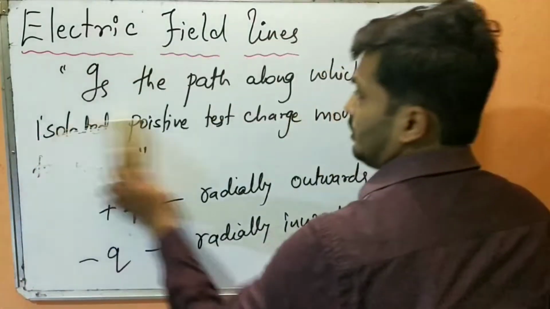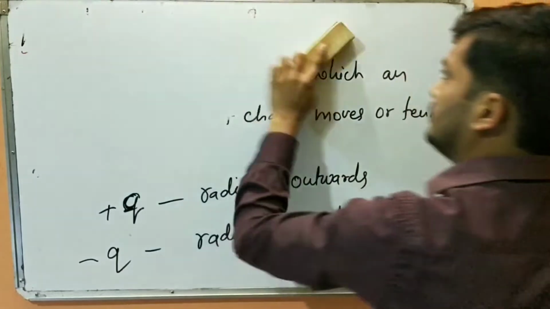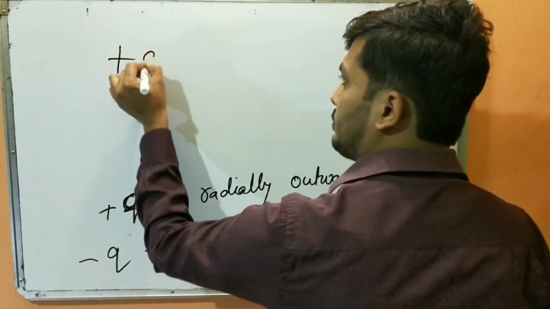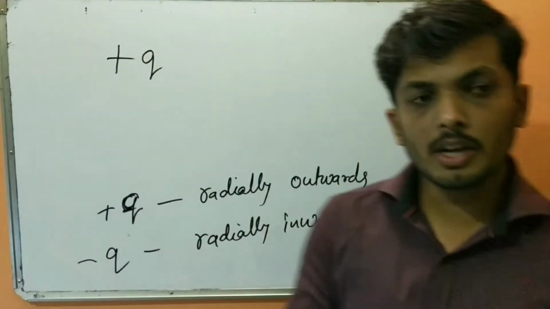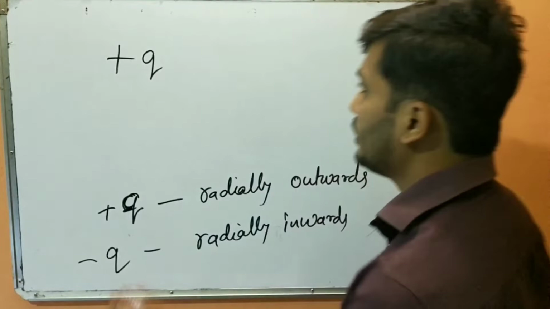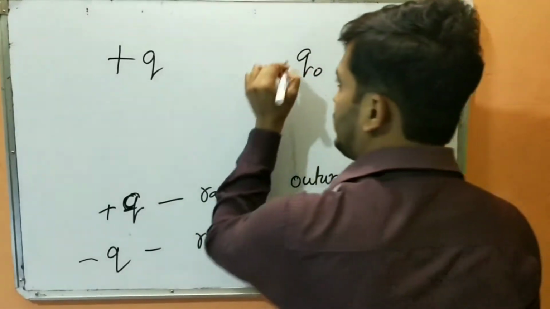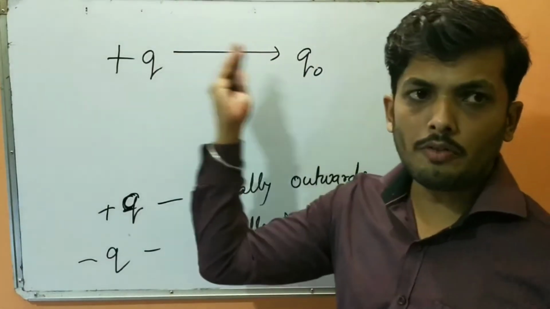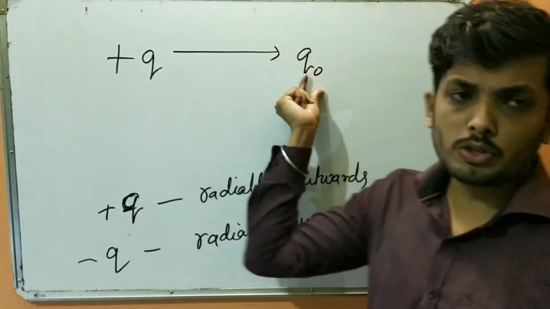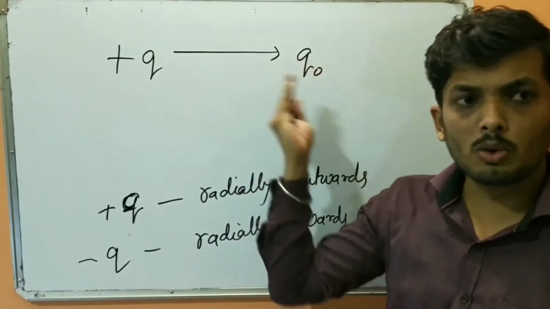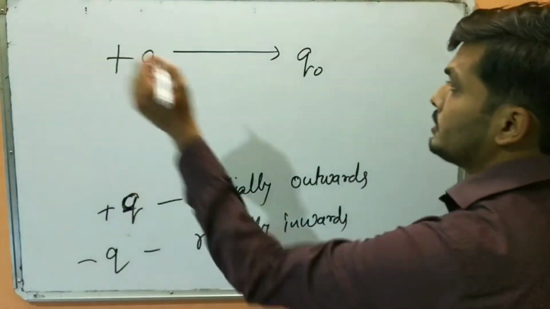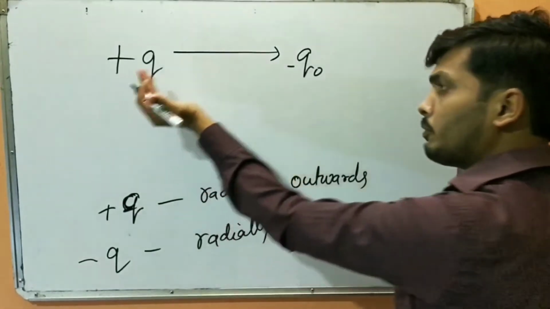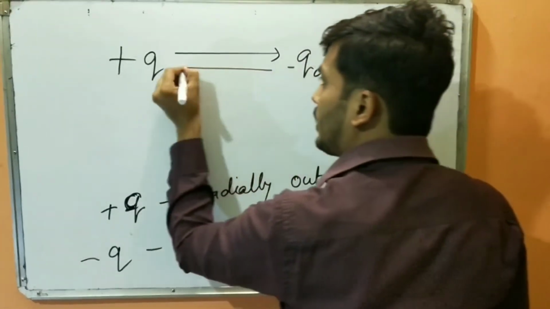Suppose I have one charge plus Q, and as I told you earlier, we will consider the test charge as a positive charge only. So if this charge tries to encroach the source charge, what will happen? Definitely this charge will experience electrostatic force of repulsion. The source charge will exert force on it, and as a result Q0 will be thrown away from its space. Similarly, if this Q0 was negative, then instead of throwing it away, the charge would have attracted it.